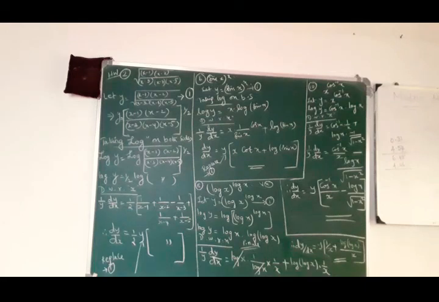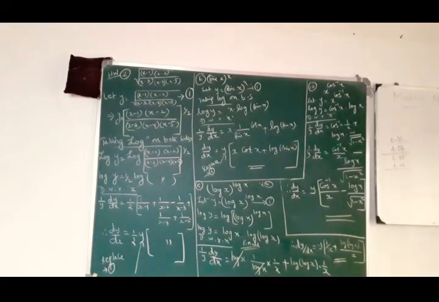Taking logarithm on both sides, that means log y is equal to log of that function the whole to the power 1 by 2. That means log a to the power b can be written as b log a. So in place of b I have 1 by 2, in place of a I have that function inside the root.